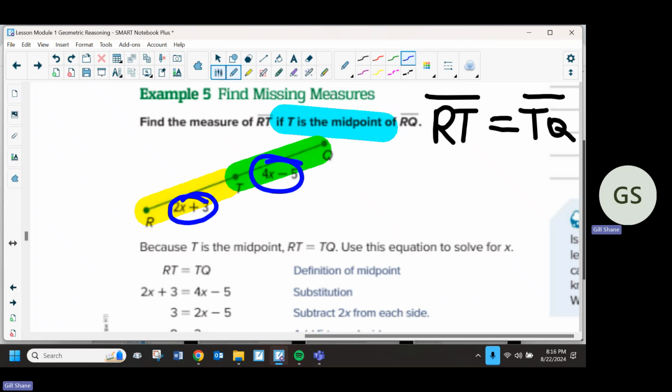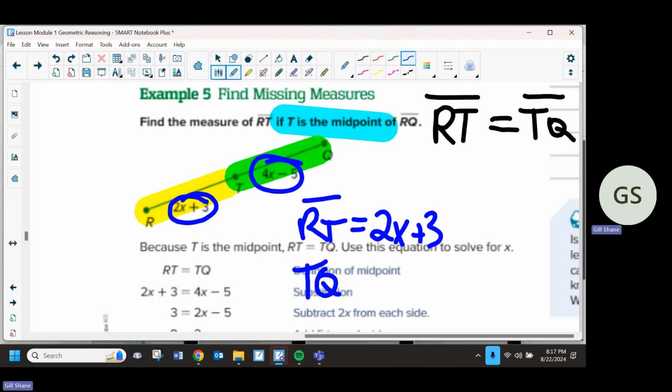And then the last piece is we talked about substitution. Substitution means, if two things are equal, I can use either of them. So RT is also equal to 2x plus 3. So RT is equal to that.